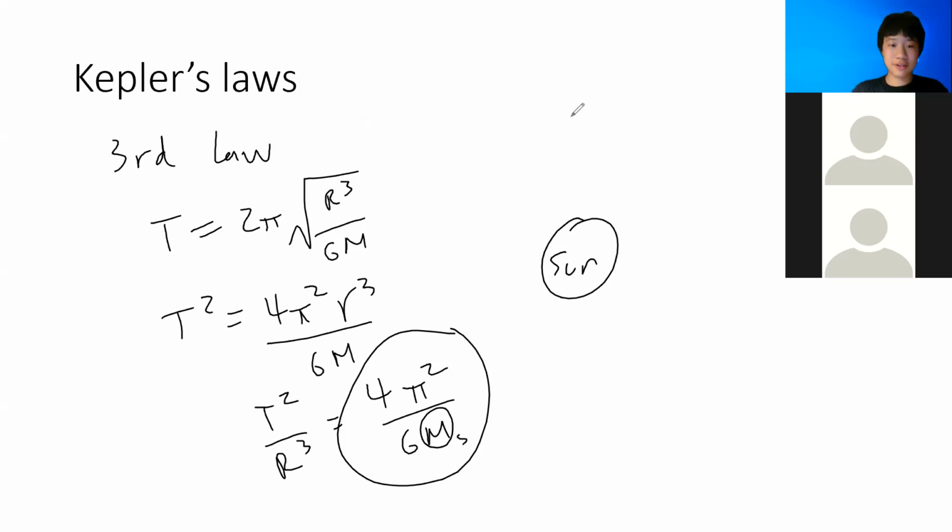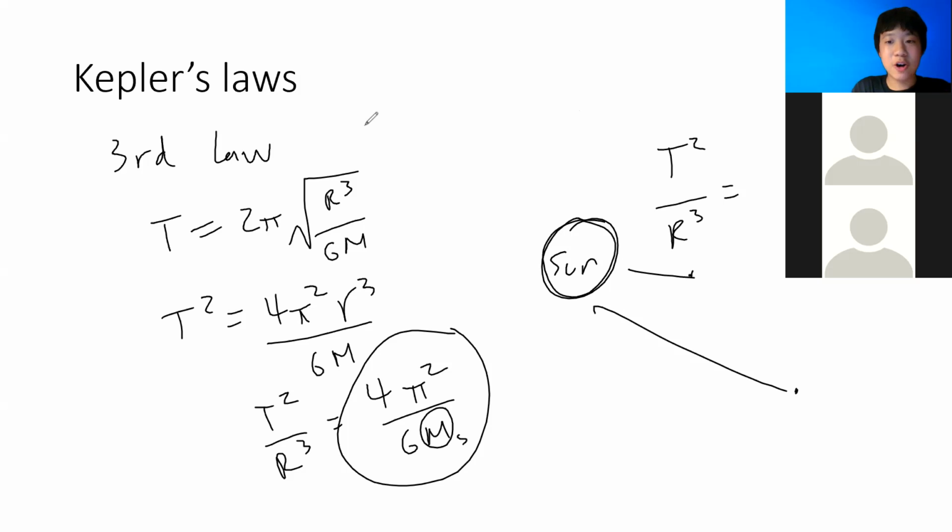So that's Kepler's third law: T squared over r cubed is constant for any objects orbiting the same sun. For any object, if it were this far away, or this far away, the period squared over its radius cubed is a constant.